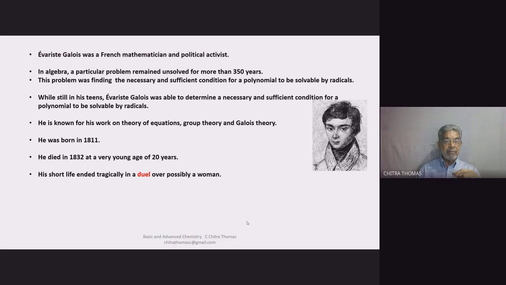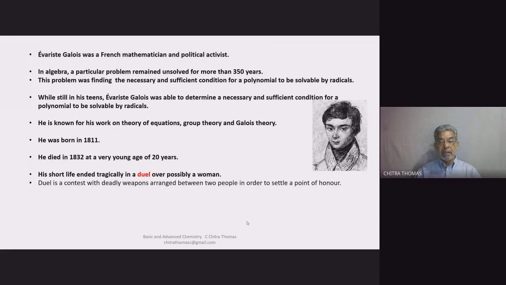His short life ended tragically in a duel, possibly over a woman. A duel is a contest with deadly weapons arranged between two people in order to settle a point of honor in France.